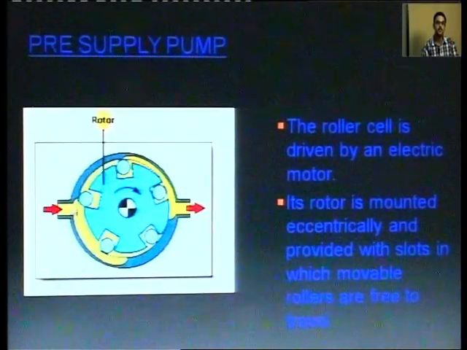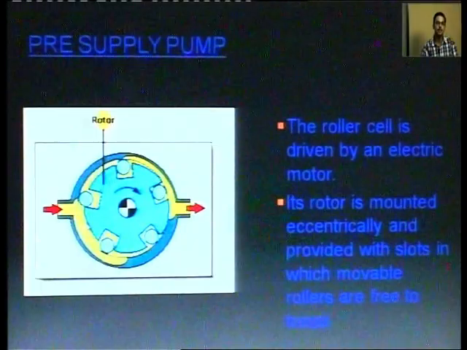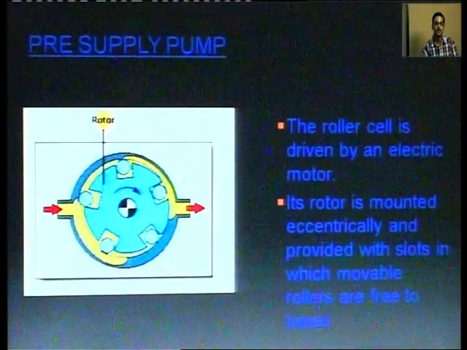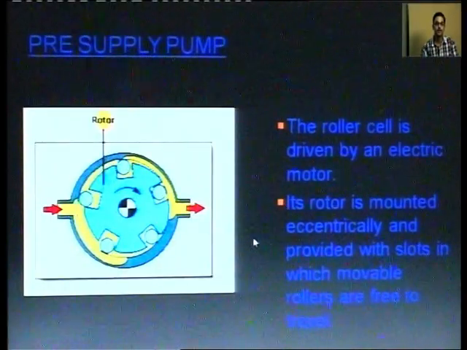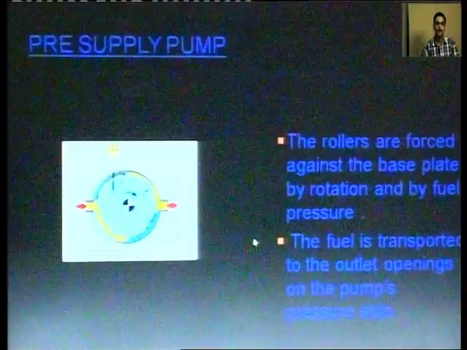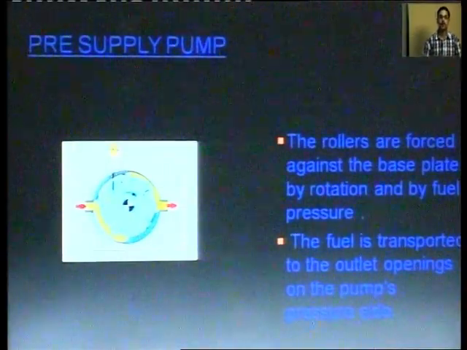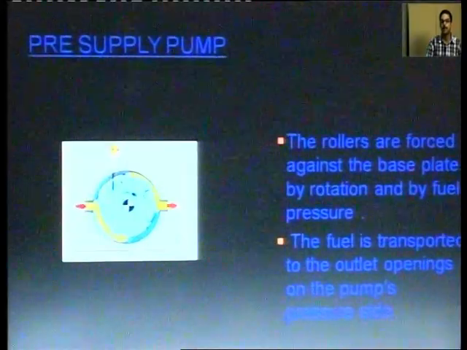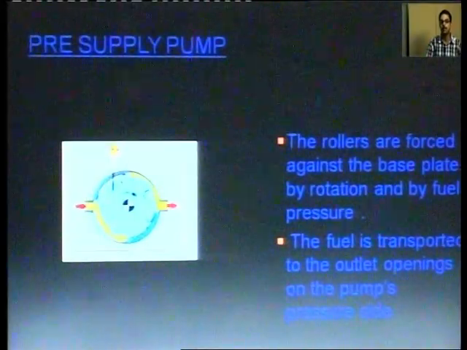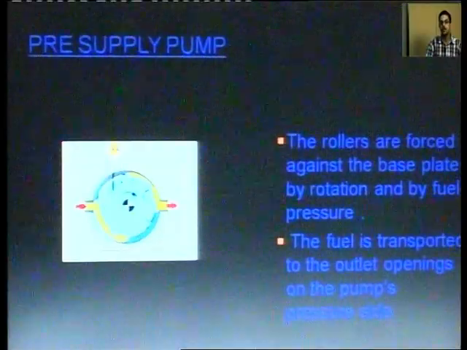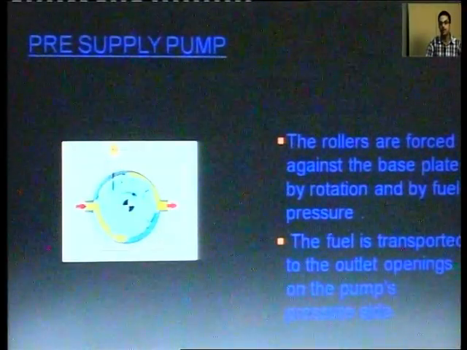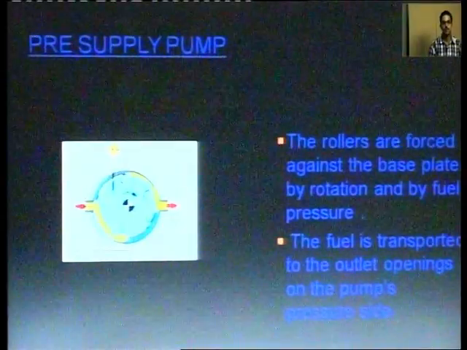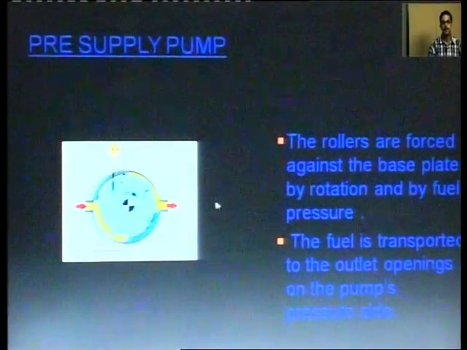The fuel comes from this side and gets accumulated over here, and with the high pressure it is going through this side. The rollers are forced against the base plate by rotation and by fuel pressure. The fuel is transported to the outlet openings as shown. This is the outlet opening and this is the inlet.